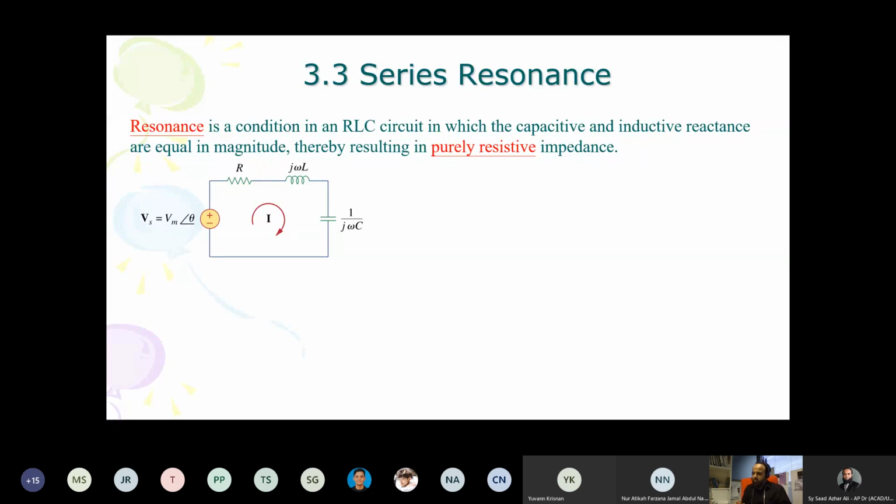Can anyone recall from circuit theory? There was one condition in which we said that the impedance is purely resistive. Can anyone recall? Okay, let me give you a hint.